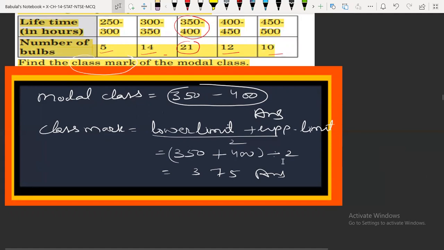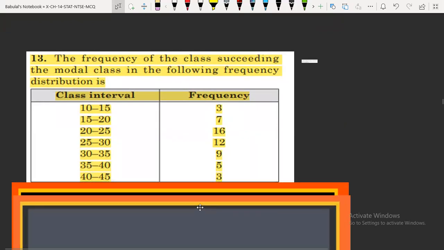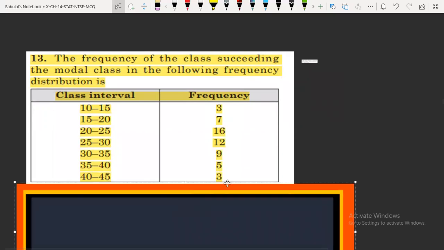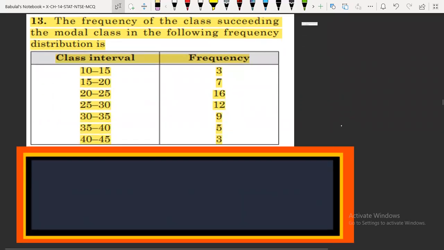Now we come to the next question. And this question is: the frequency of the class succeeding the modal class in the following frequency distribution is.